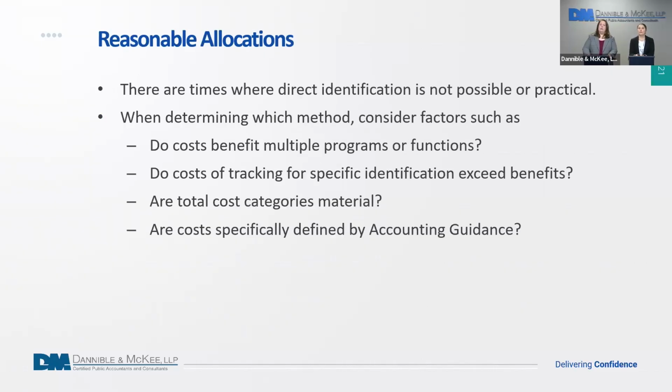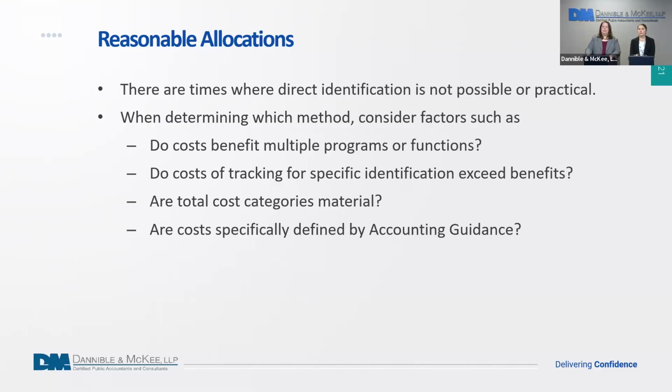Reasonable allocations. There are times where direct identification is not possible or practical. When determining which method, consider such factors as: do costs benefit multiple programs or functions? Do costs of tracking for specific identification exceed benefits? Are total cost categories material, or are costs specifically defined by the accounting guidance? There's a lot of different ways that you can do allocations.